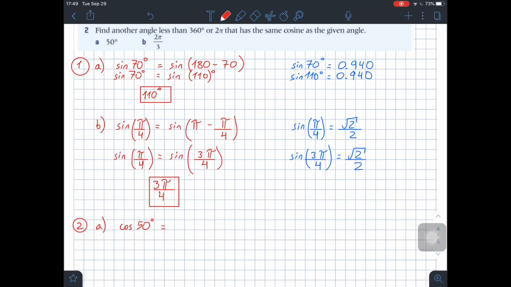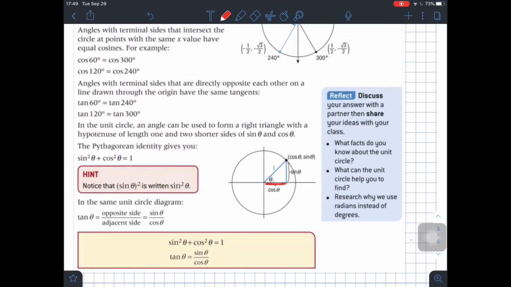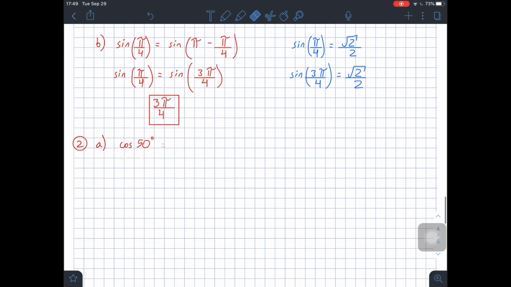If you remember from the unit circle, cosine is the same for the first and for the fourth quadrant, right? Why? Because here the x is positive, so if I draw an angle in the fourth quadrant, it will share the same positive x coordinate. So cosine is the same in first and fourth quadrants.